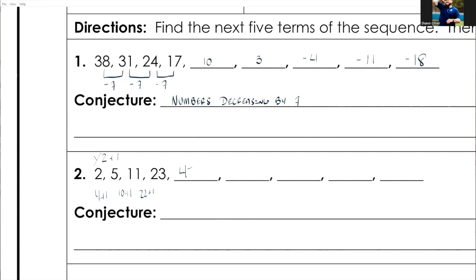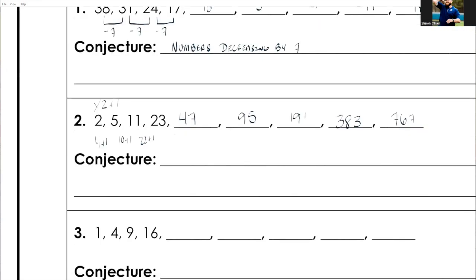47, 95, 191, 383, 767. Okay. So your conjecture was multiply by 2 and add 1.